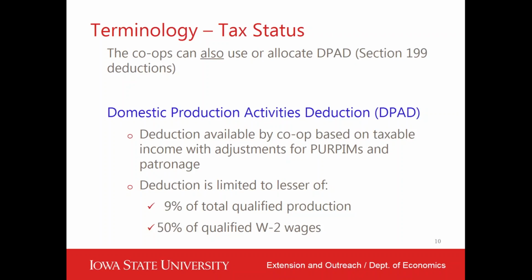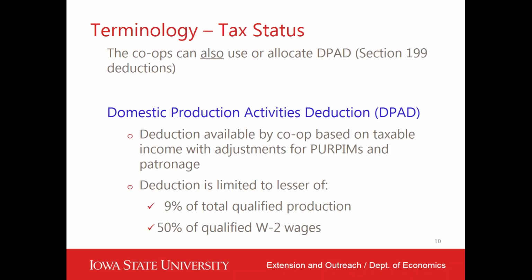The deduction is available to the co-op based on its taxable income, but taxable income with adjustments, and by adjustments I mean additions. They can add in the grain. This applies to only the grain side of their production. They can add in grain sold on behalf of their members, the PERPIMs, the per unit retains paid in money.